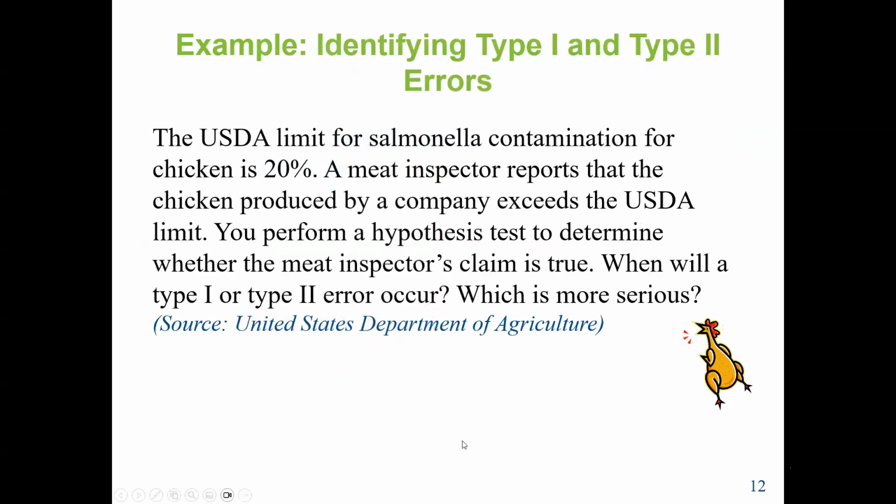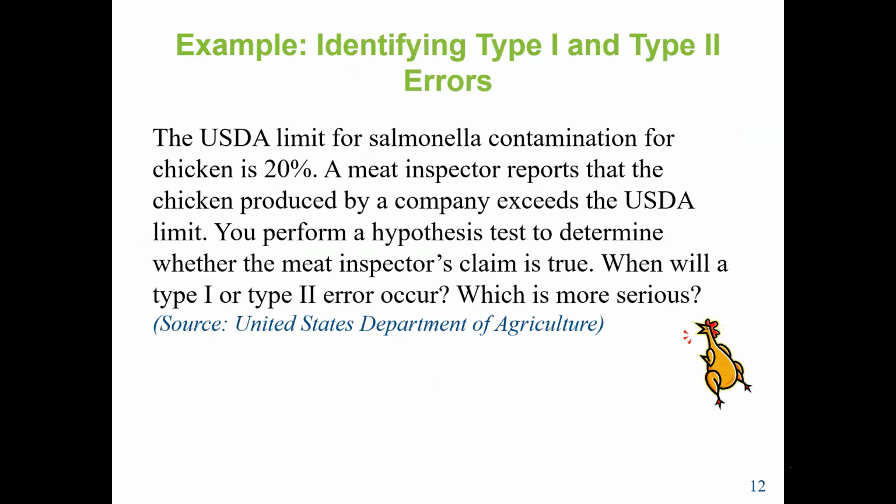So let's see the example here. Actually, this is a medical example now. They say the USDA limit for salmonella contamination for chicken is 20%. The meat inspector reports that the chicken produced by a company exceeds the USDA limit. You perform hypothesis tests to determine whether the meat inspector's claim is true.